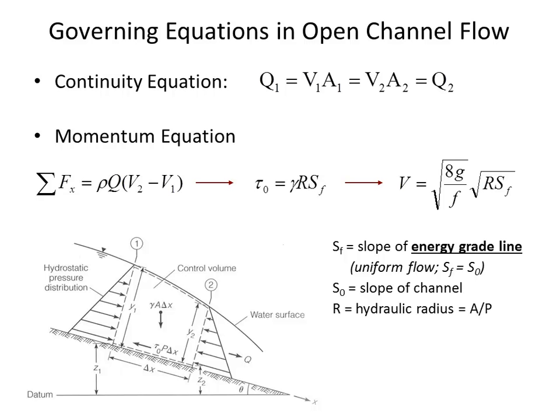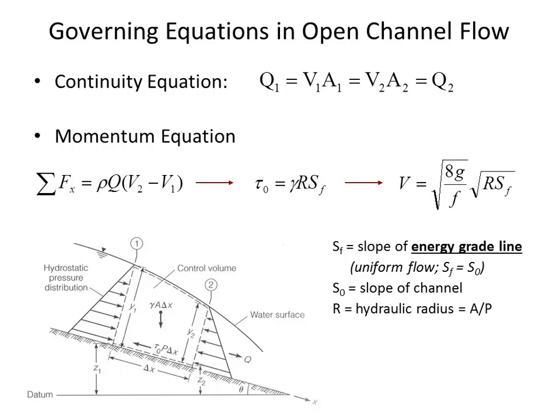There are 3 different lines that we have to be aware of, 3 different slopes. There's the slope of the energy grade line, S sub F, and that's not pictured here. The energy grade line is above the water surface. It's that imaginary line that is the water surface plus the velocity head above it.